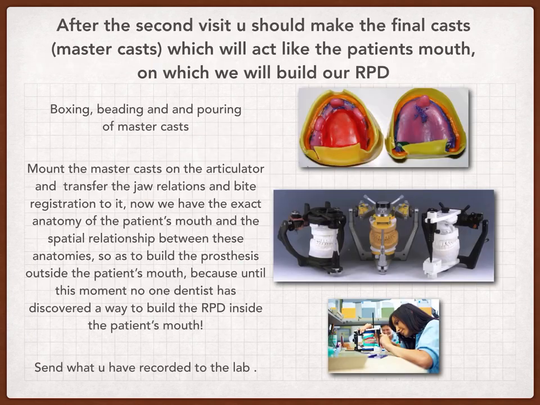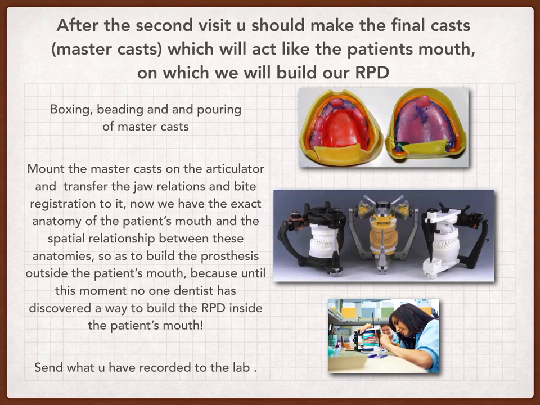After this procedure, we will take the primary impression and then we will do the boxing and beading procedure. The beading wax will attach the boxing wax to the casts, or the final casts, or as we call them the master casts, and then we will pour them, and after that we will mount them on an instrument called an articulator.